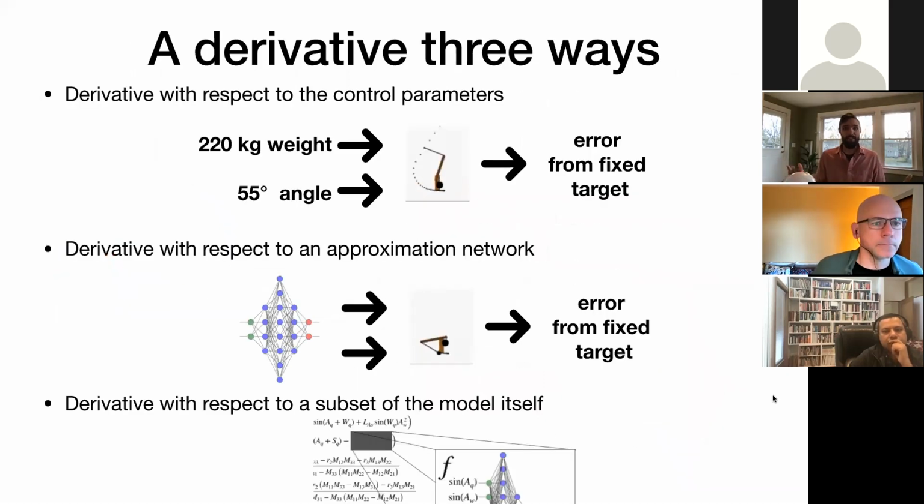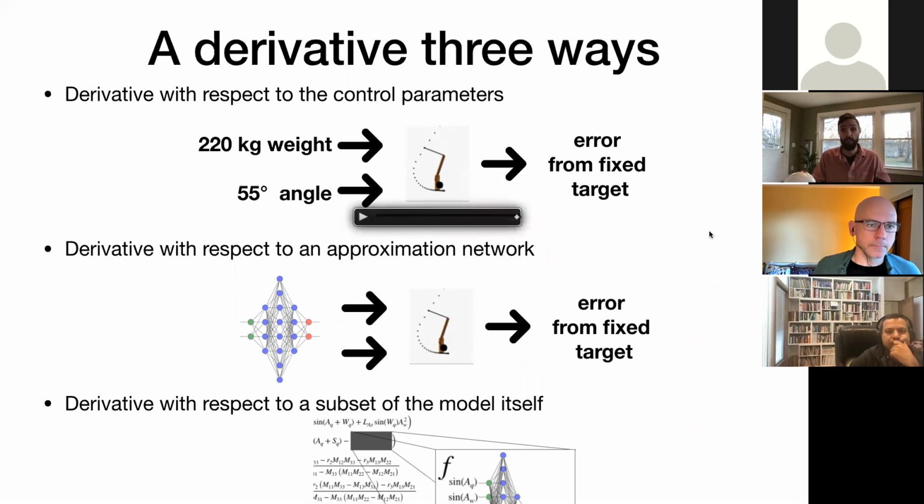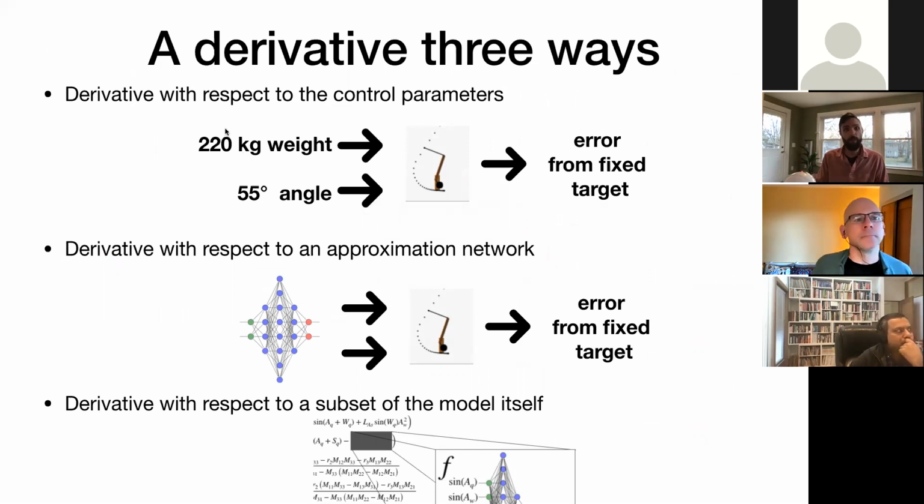So this is how we can think of taking a derivative 3 ways, right? We started off with the basics of a simple f of x and taking the derivative with respect to that x, and that applies not just to mathy things, but whole simulations and whole scale models where we can nudge the control parameters appropriately.